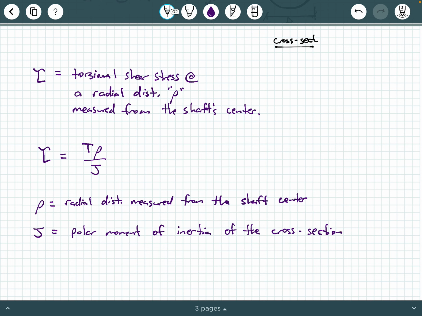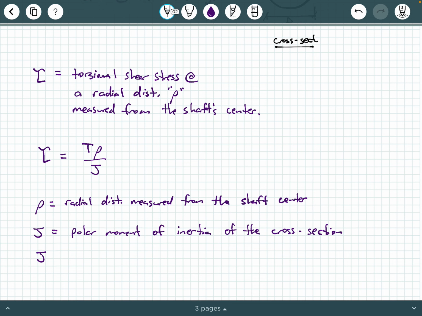Now, if that term moment of inertia sounds familiar, it should. From statics, you probably learned something about Ix and Iy. That's a moment of inertia about a centroidal x-axis or y-axis. Well, the polar moment of inertia is also a type of moment of inertia, but it's the moment of inertia about the longitudinal axis of your member, also sometimes called the pole or the z-axis.